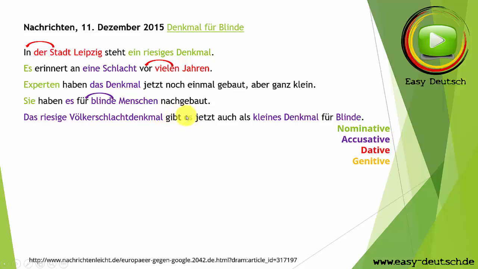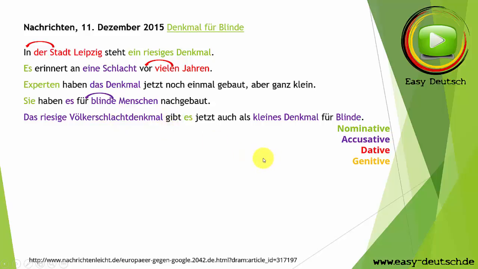Es is nominative case because it's the subject, and kleines Denkmal, there it's a little bit tricky, not that obvious, but kleines Denkmal and Völkerschlacht-Denkmal, there we talk about the same thing.